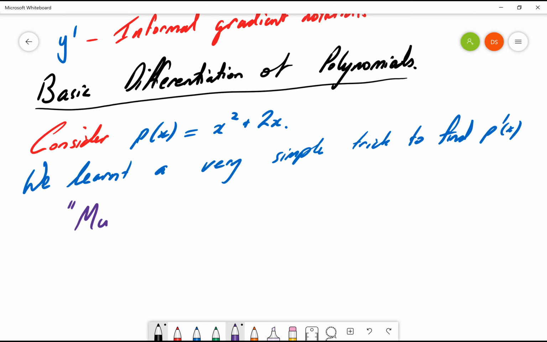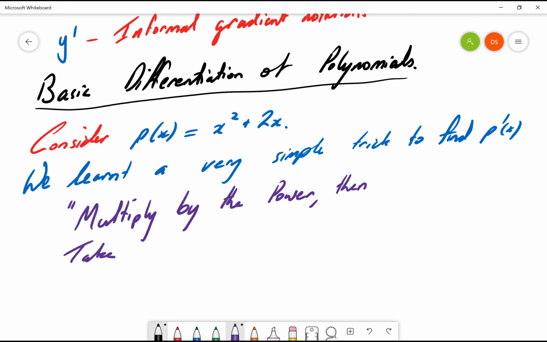multiply by the power, then take 1 off of the power.